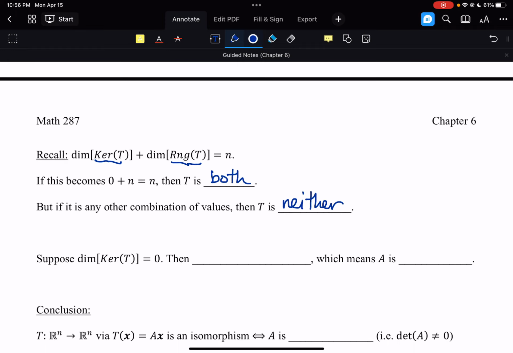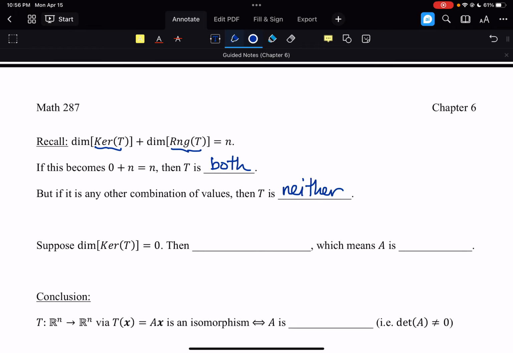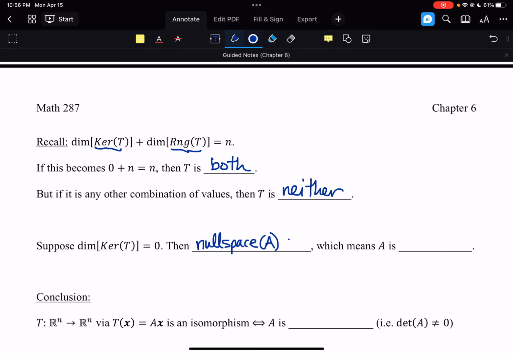So along similar lines, suppose that the dimension of the kernel is 0. In the matrix transformation, remember the kernel represents the null space of A. So if the kernel is 0, that means that the null space would be 0.